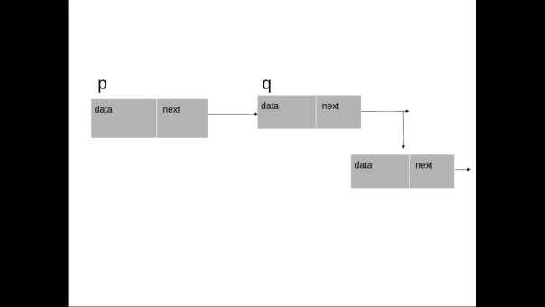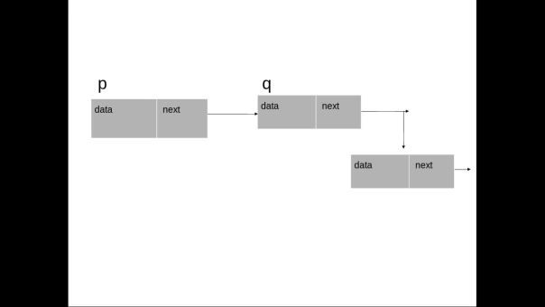Front end is where the list will start, the first element in the list, and we will start traversing from that node to any node. So this is the start node of the list.